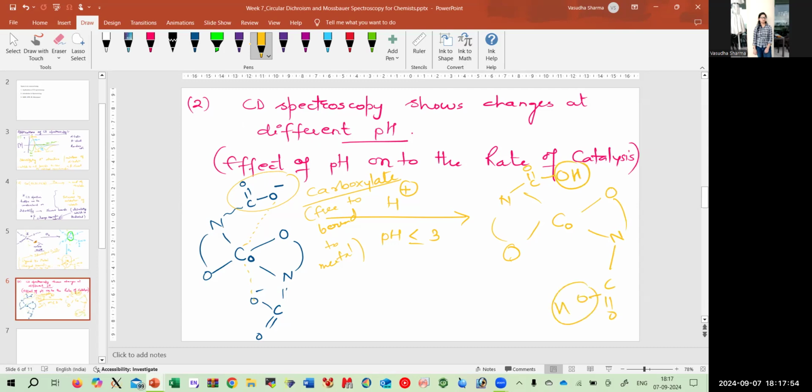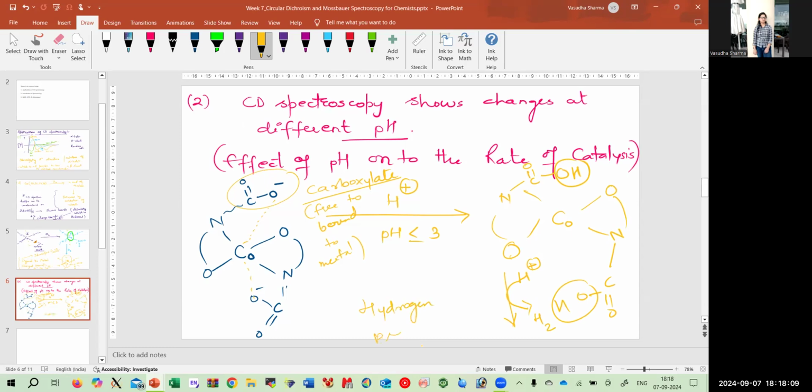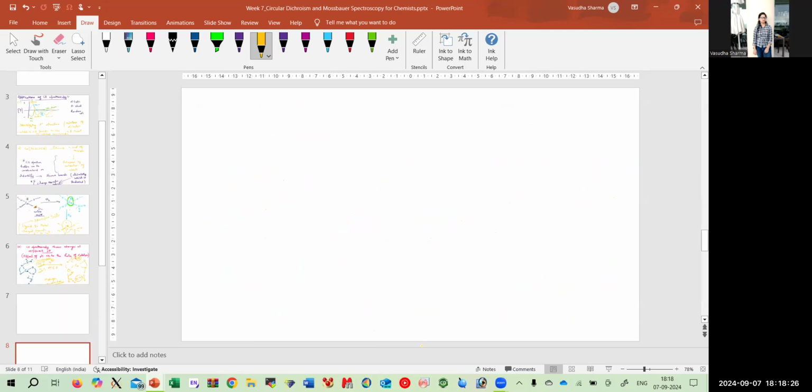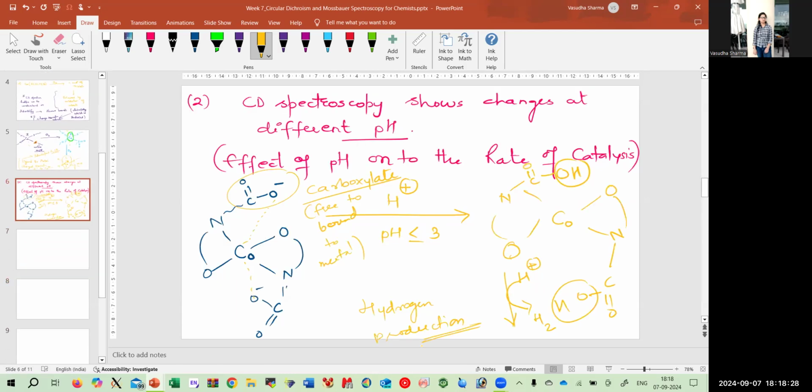So once this is OH and we are giving another proton source, H positive, it would protonate your OH to release H2. Therefore, the hydrogen reaction happens, right? So pH really matters when we are dealing with the amino acid containing complexes, and CD spectroscopy is the one that would really help you to see the changes over here.